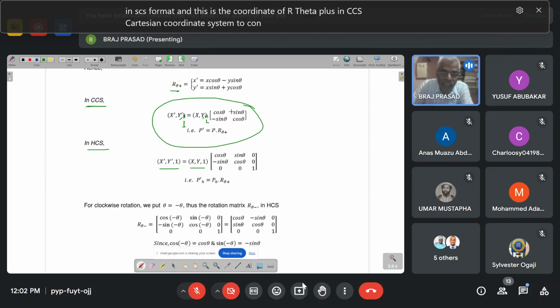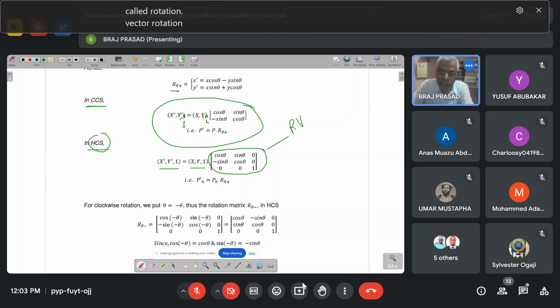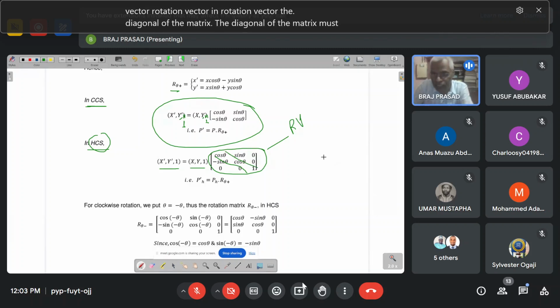To convert this Cartesian coordinate system into homogeneous coordinate system, we introduce one row and one column, and this is called rotation vector. In rotation vector, the diagonal of the matrix must be non-zero.